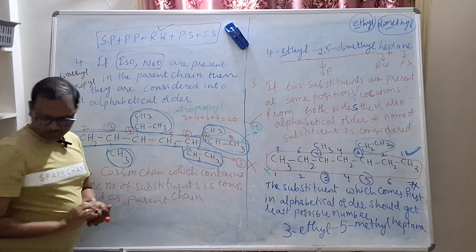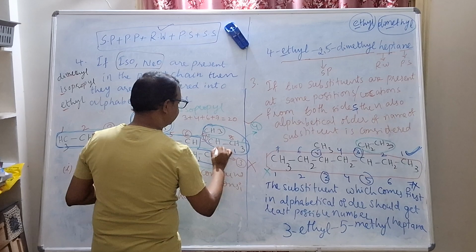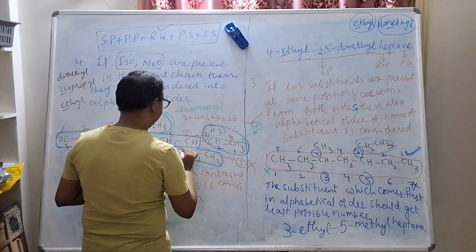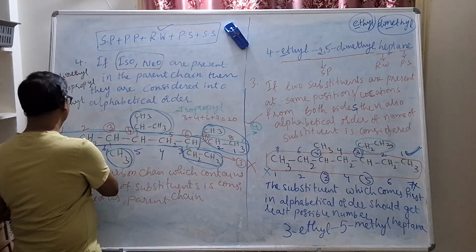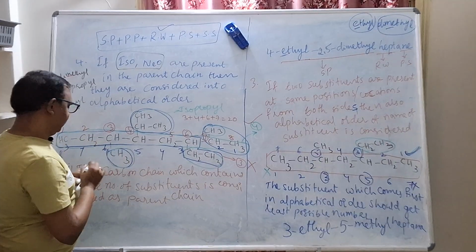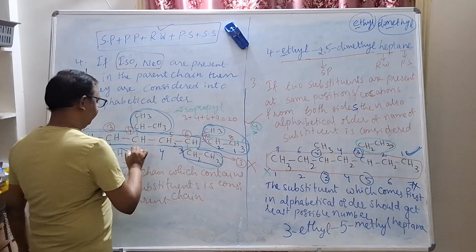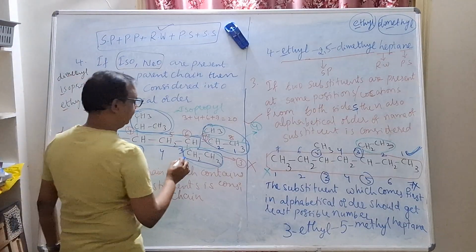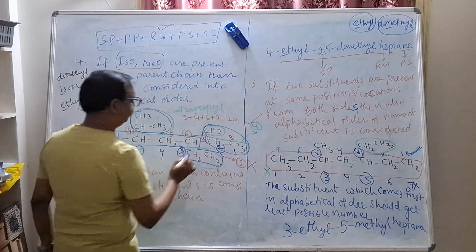Now numbering from right to left, I am taking, all of you observe, 1 2 3 4 5 6 7 8. Now you can see this: sixth position, fifth position, second position, third position.